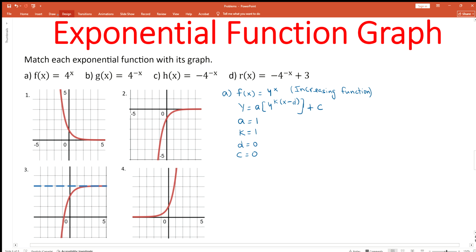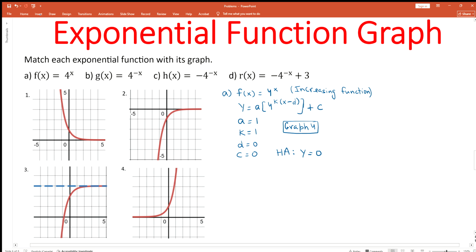The horizontal asymptote of this function is at y equals 0 because the c value is equal to 0. So as per this analysis, the graph for function f(x) should be graph number 4. Because as you can see in this graph, the function is increasing. As we go from left to right, the y values increase, and this graph has a horizontal asymptote at y equals 0 or the x-axis.